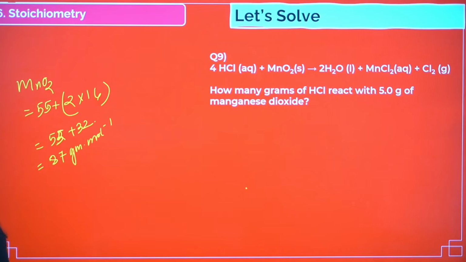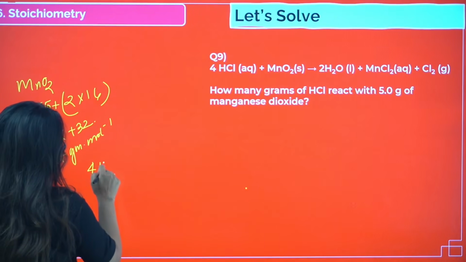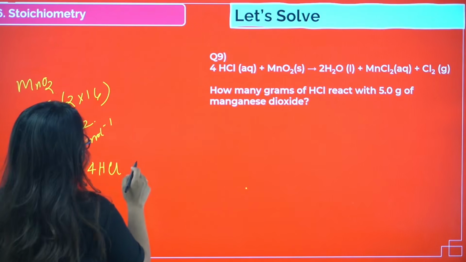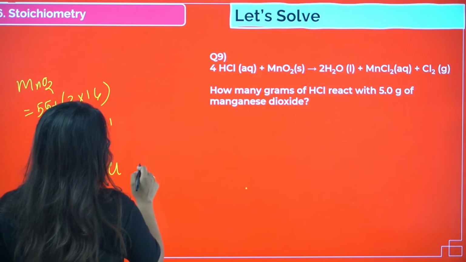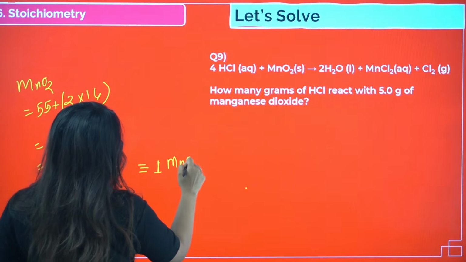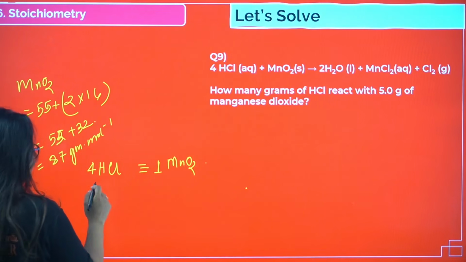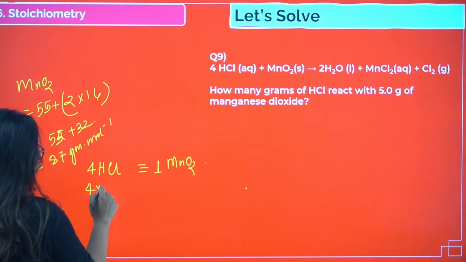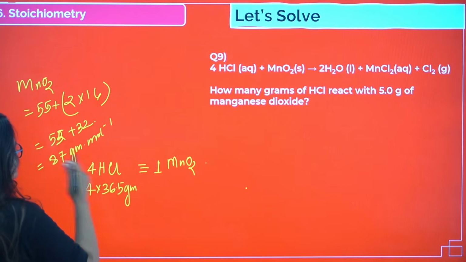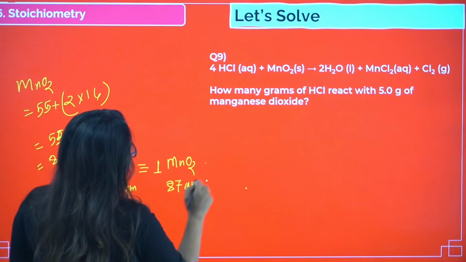From here, what information am I getting? You can see 4HCl is reacting with 1 mole of MnO2. HCl means 35.5 plus 1, 36.5, so 4 into 36.5 gram of HCl is reacting with 87 gram of MnO2.